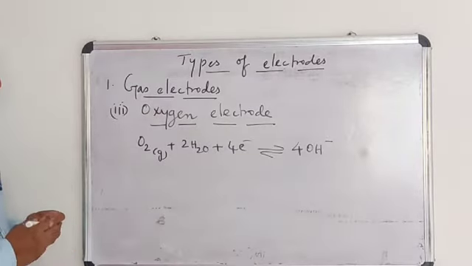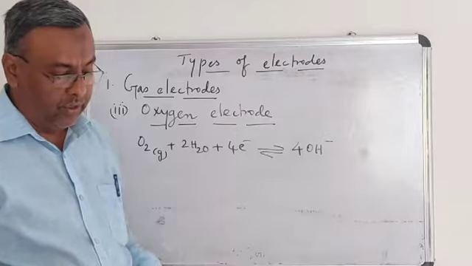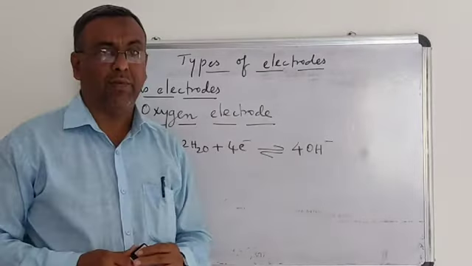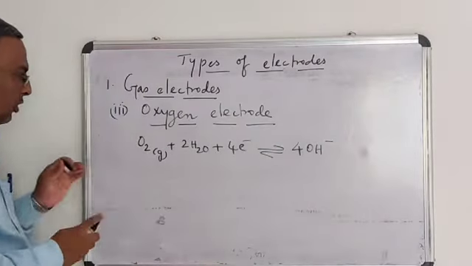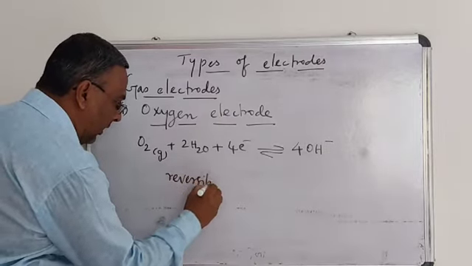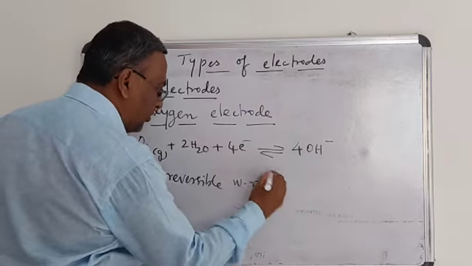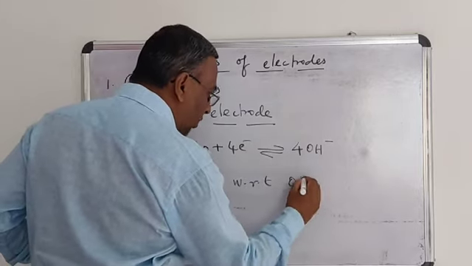Here the oxygen gas gains electrons and is reduced to OH minus, and this electrode is reversible. The oxygen electrode is reversible with respect to OH minus ions.